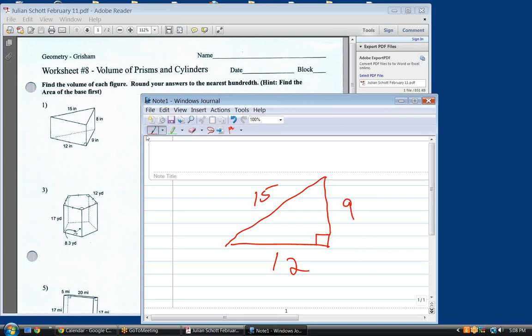All right. So, what's the volume of this thing going to be? Remember that the volume of a prism is the area of the base times the height. What's the area of this triangle?